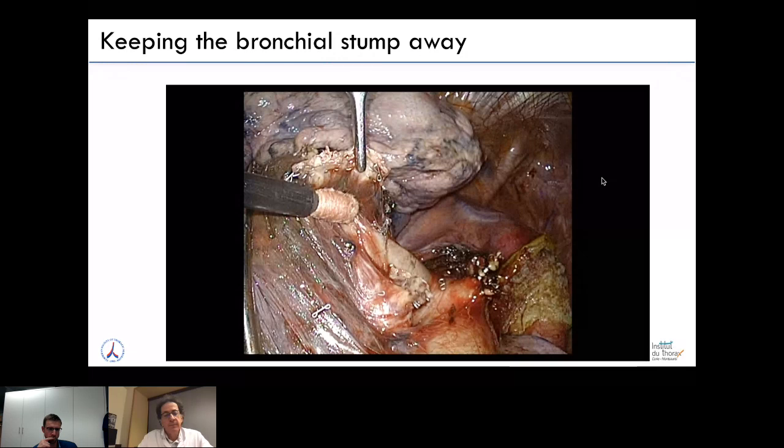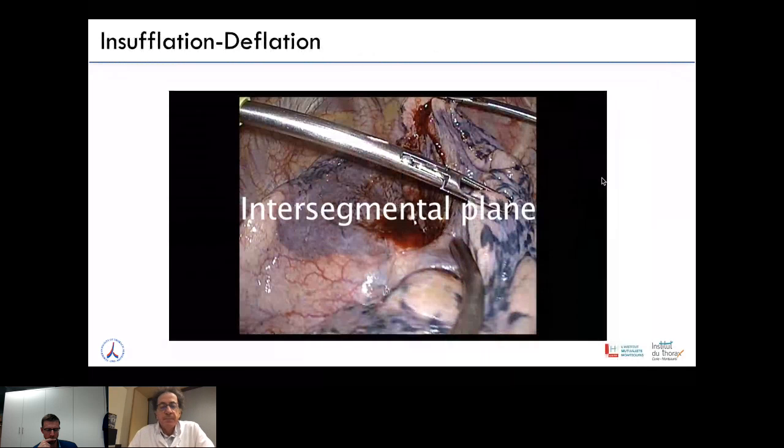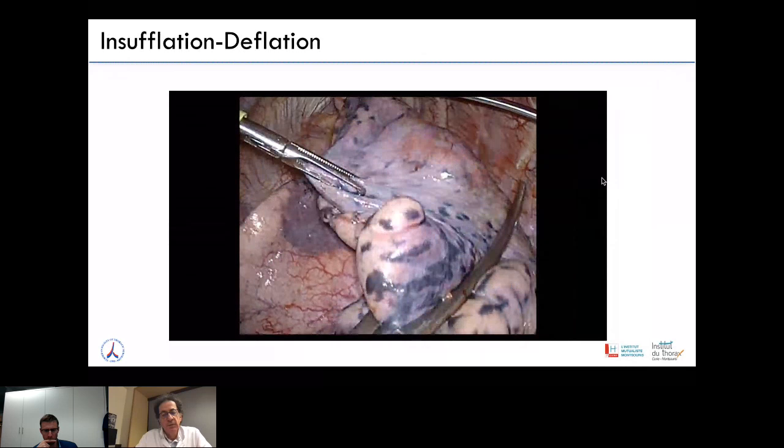If you don't do that, you will have a problem with the stapler. Most of the surgeons, and we did this way before, are using an inflation-deflation line, something like this. So this is the removal of segment 6 of the left lower lobe.